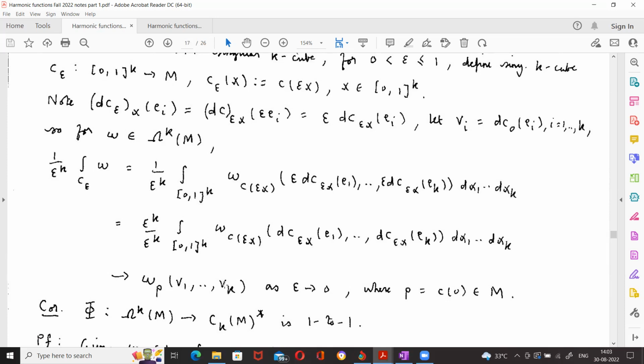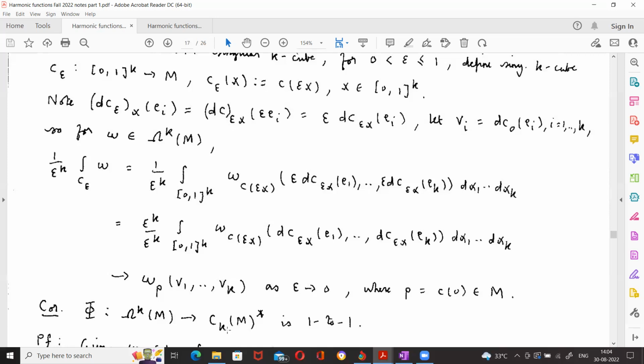Okay, so in particular, this implies that if the integral of omega over all k-cubes is 0, then omega is identically 0. So that means that we had a linear map phi from the space of k-forms, omega k of n, to the space of k-cochains, singular cochains, which was the dual of the space of k-chains. Omega goes to the linear functional integral over omega, right?